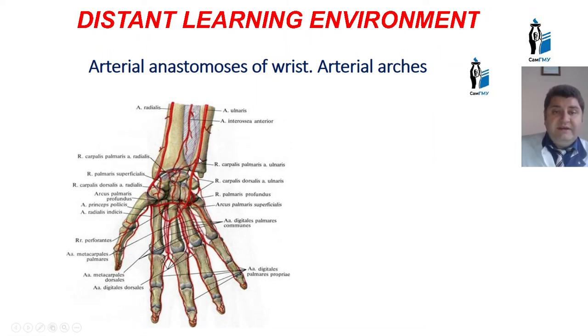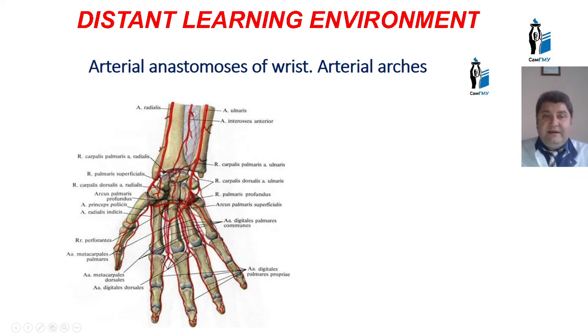You may see that the ulnar artery gives a branch for the wrist network. This branch is called ramus carpalis palmaris from arteria ulnaris, and ramus carpalis palmaris from the radial artery.